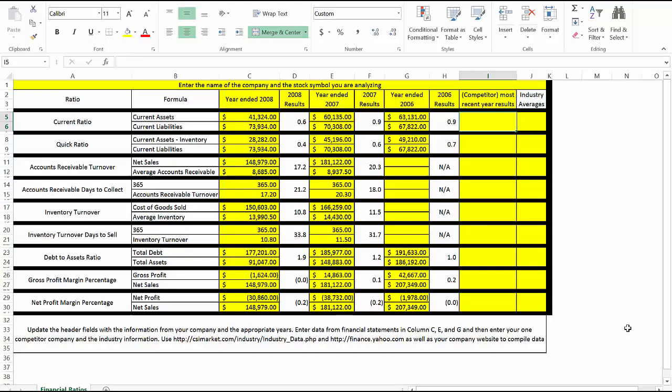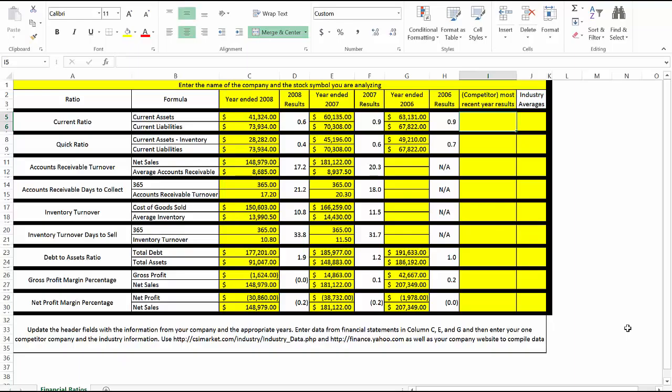And then we look at the inventory turnover days to sell, and that is where we take 365 days a year and divide by the inventory turnover rate that we just calculated, and we get that it takes almost 34 days to sell something in 2008, and it took almost 32 days in 2007. So still deteriorating, but we don't have a whole lot of information to give us a really good clue as to whether or not that's really bad or not.